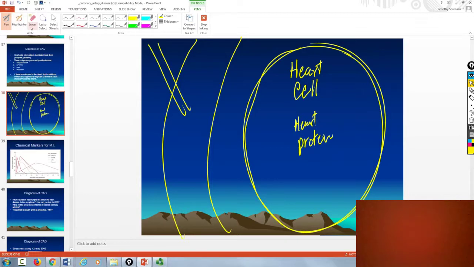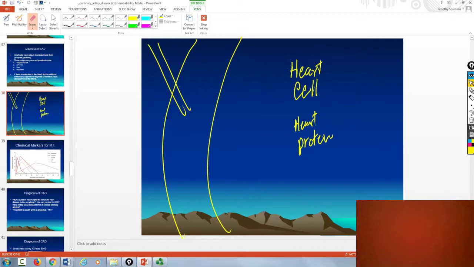But if you're ischemic or you've had a heart attack, that's going to cause the cell membrane to lyse, break down, and the heart proteins are going to go into the blood. And the amount of heart proteins that go into the blood give the doctor an idea of the size of the heart attack, the size of the myocardial infarct.